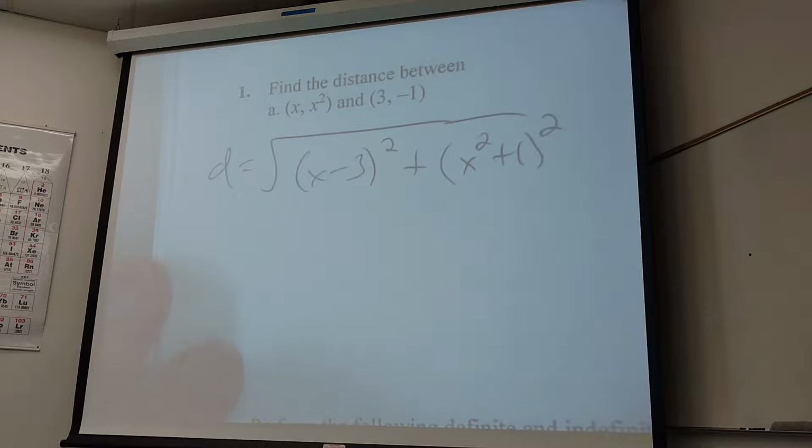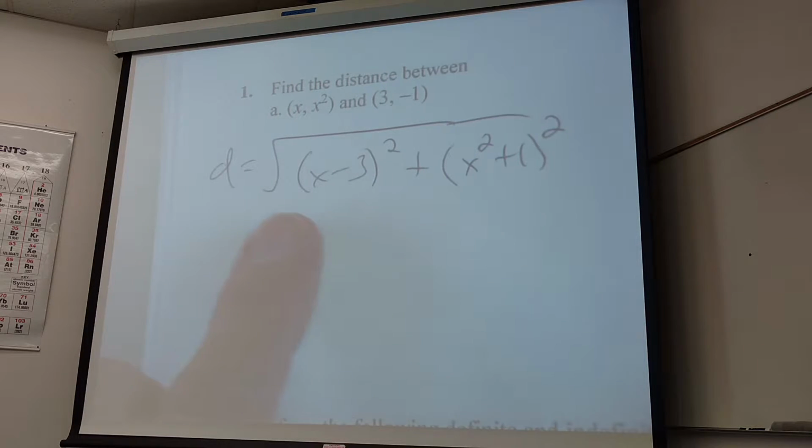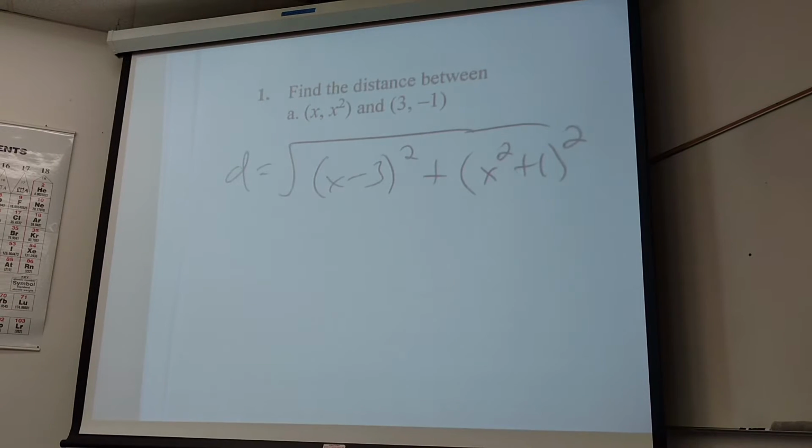Let me stop there for a second, Zach. Is that true? Now, if I was asking you to find the max or min of this, then I would maximize or minimize d squared. I don't know if you guys remember that. That's probably going to happen to us somewhere this semester. If you minimize d squared, that also minimizes d.